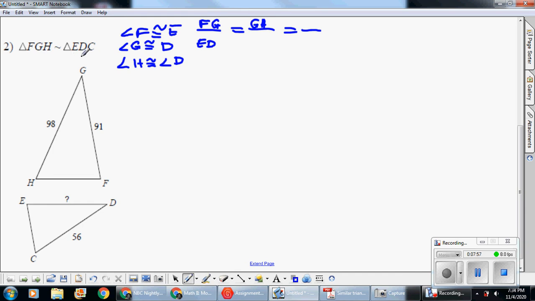On the second triangle, the next 2 letters are DC. Now do the first and last letter, side FH. And same here, do the first and last letter, which will be EC.